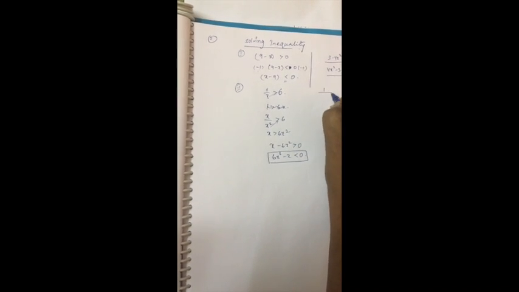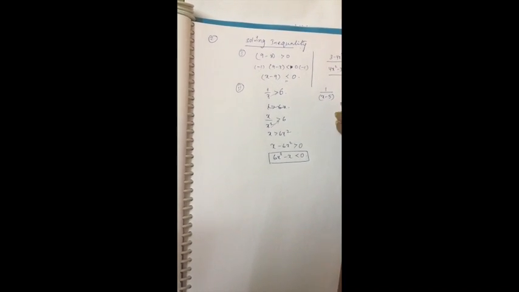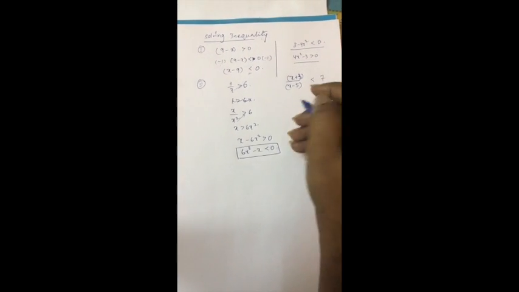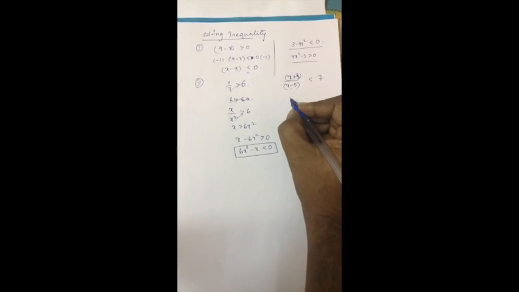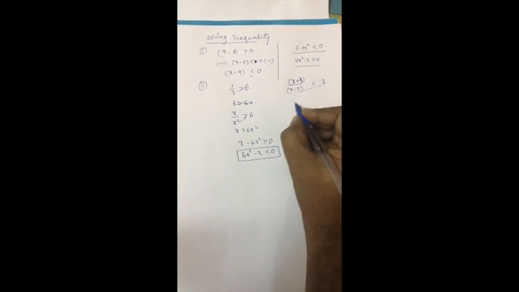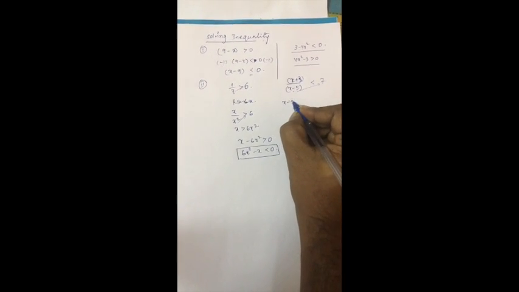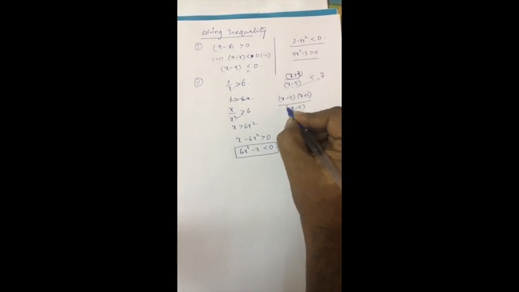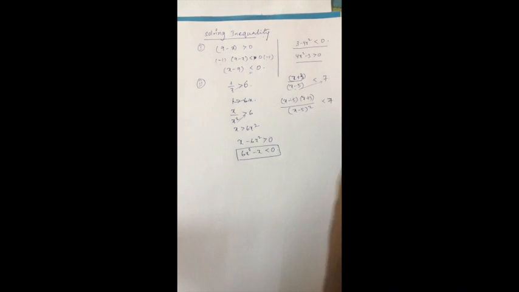Another example similar to this is, let's say, x plus 3 by x plus 5 is less than 7. Now you cannot directly cross multiply here. What you have to do is x minus 5 into x plus 3 divided by x minus 5 whole square less than 7.